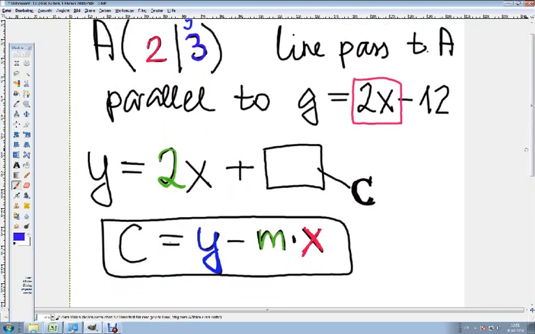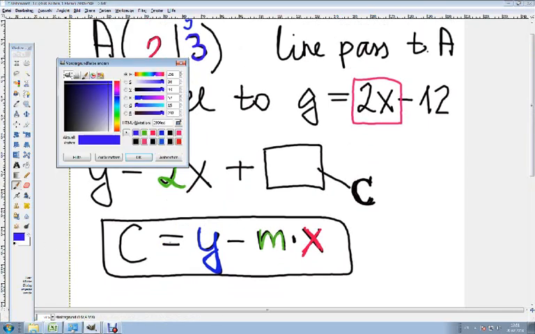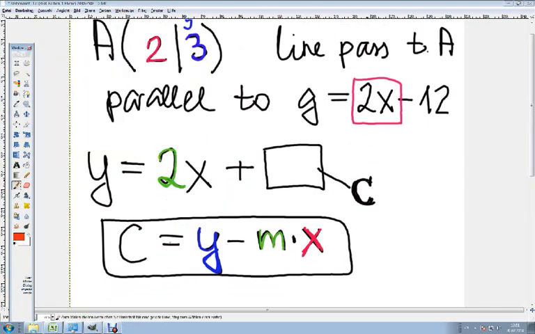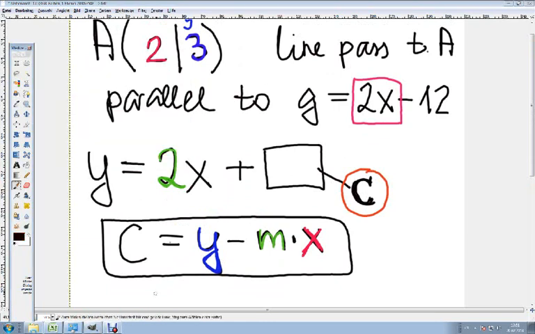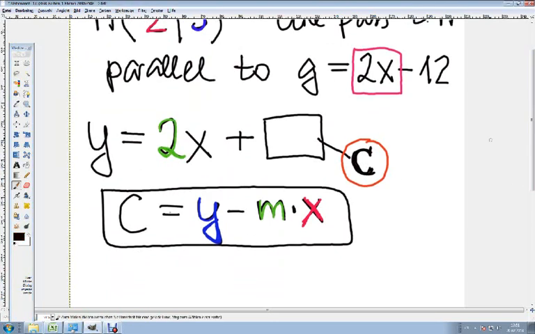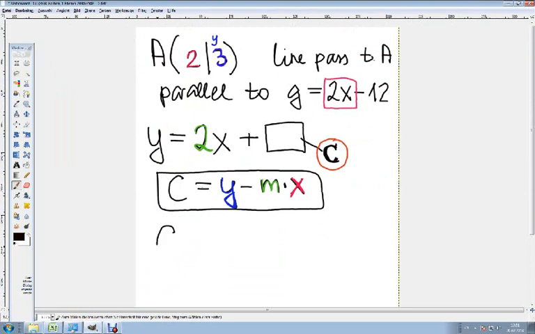Now we're calculating this c, unknown now, no problem. c equals y, which is 3, minus m, the gradient 2, times x, which is 2. 3 minus 4 leads to minus 1.